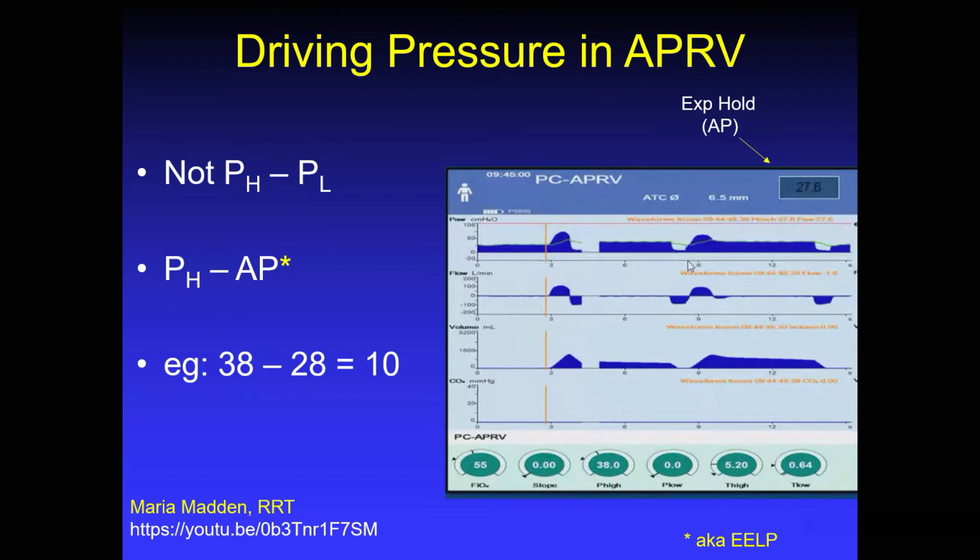You're dropping to an end expiratory lung pressure, or an auto peak, which is typically only dropping about 2/3 of the P high. So in this particular example, you see the expiratory hold's been done. It shows that the end expiratory lung pressure is 28. This is with a set P high of 38. So the driving pressure on this patient is 38 minus 28, or 10.